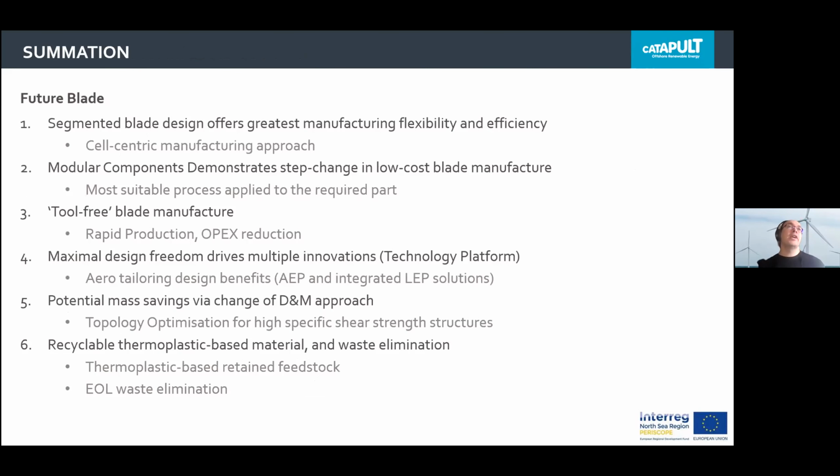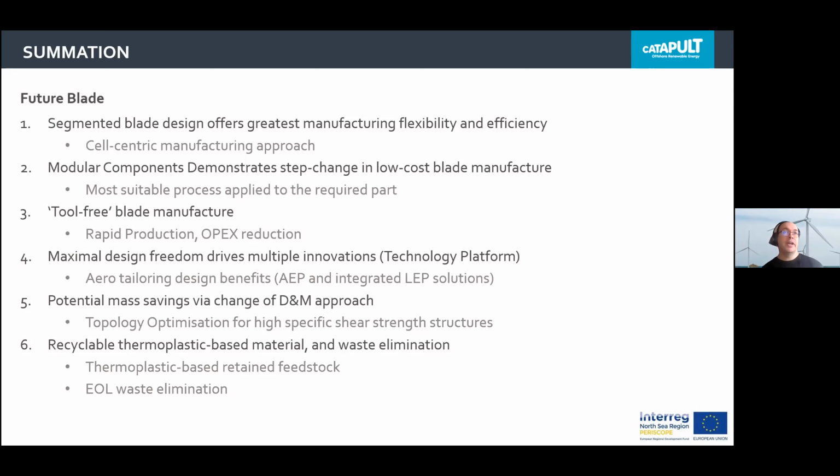So overall, as a summation, those 6 points are a recapitulation. First, the importance of the segmented blade design in offering manufacturing flexibility in a cell-centric manufacturing approach. Secondly, using modular components, demonstrating a step change in low-cost blade manufacture, almost akin to an automotive assembly model of production.